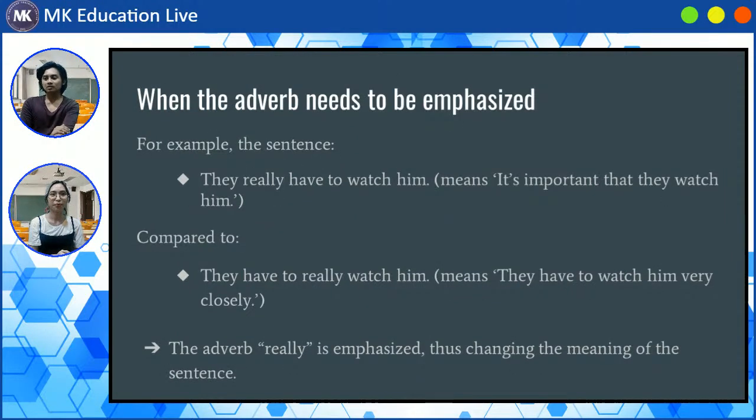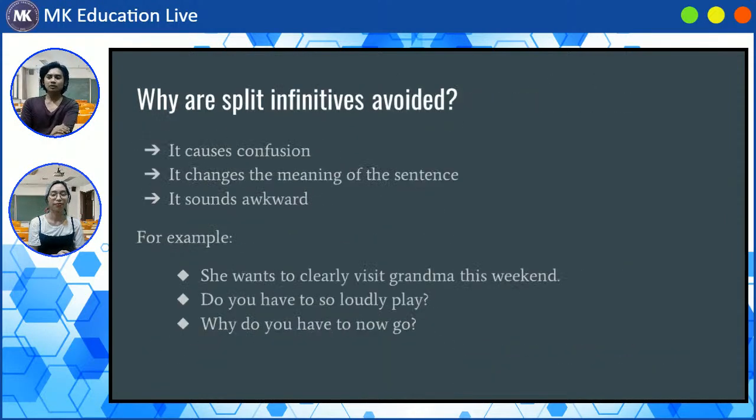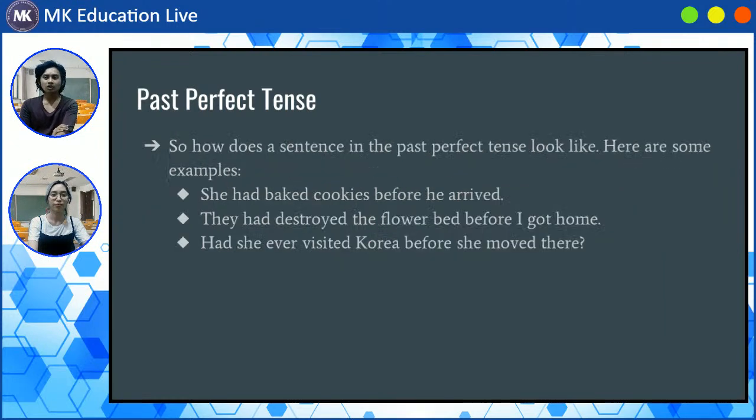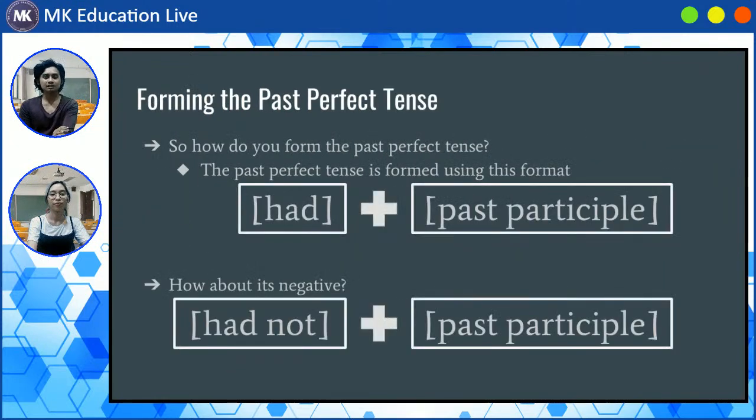Okay? Now we have the past perfect tense. We use the past perfect tense to tell that an action was going on and was completed in the past before another action started, also in the past. Remember that. We form the past perfect tense using this format: subject plus had plus participle.